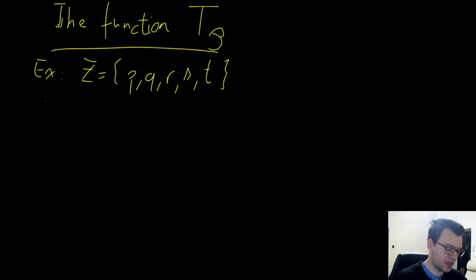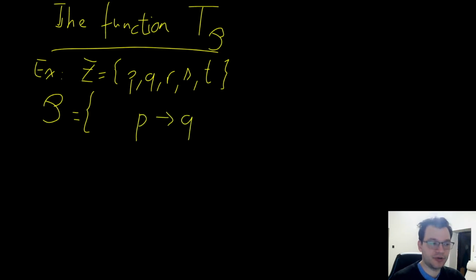We only have 5 variables just to keep it simple. First, let's use P implies Q.